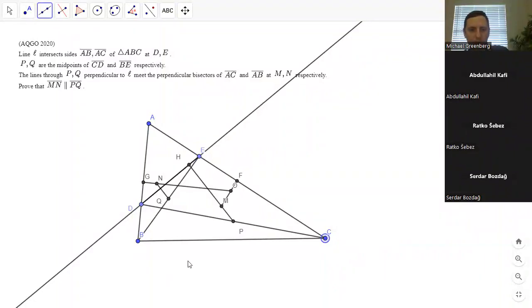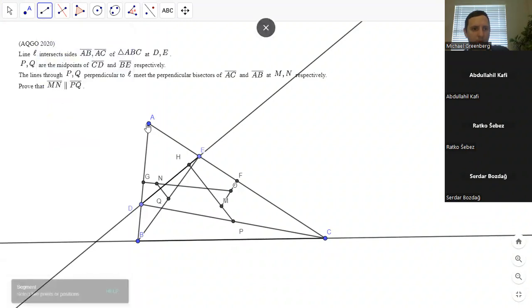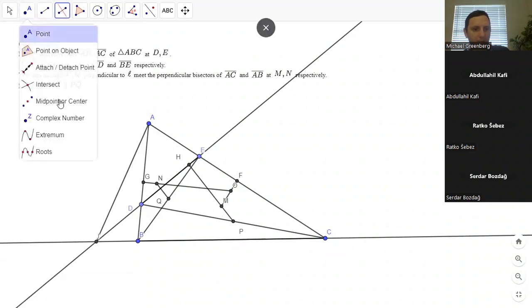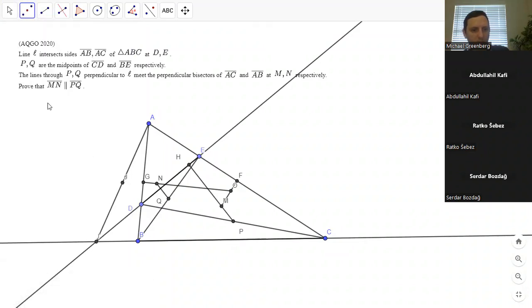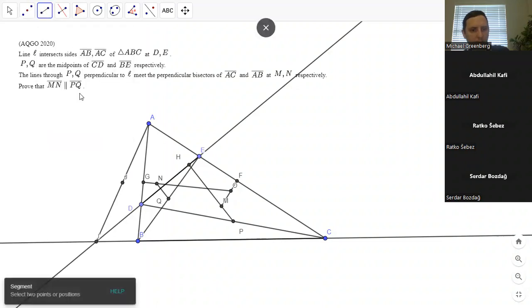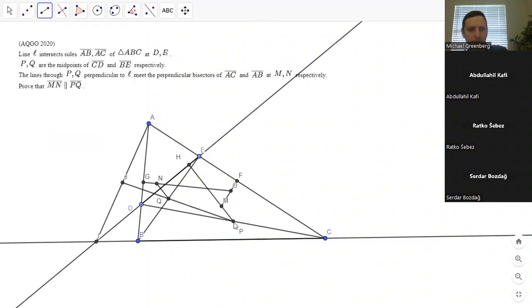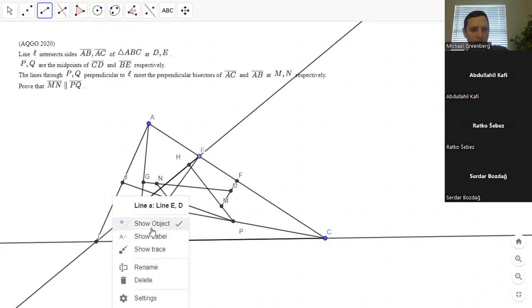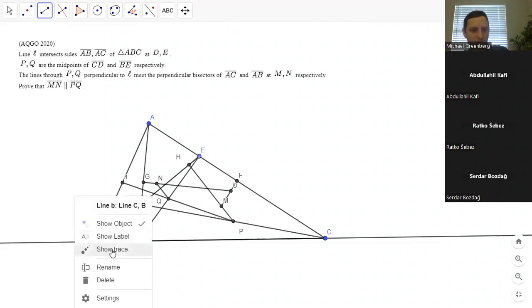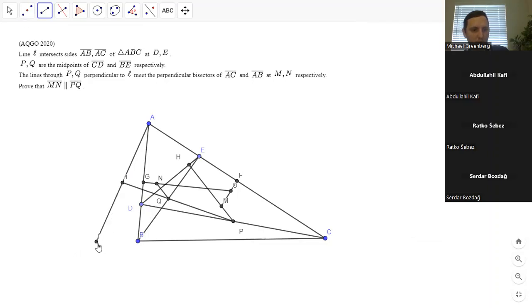So I'm just going to do it just in case it's useful. So we know that P, Q, and J are collinear. But I already drew it. We just need to draw this. All right.